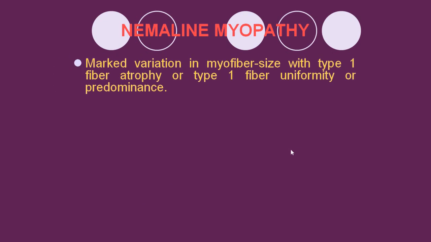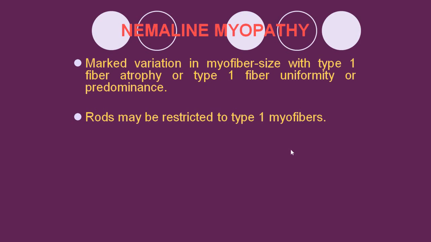Histologically, there is marked variation in myofiber size with type 1 fiber atrophy or type 1 fiber uniformity or predominance. These are general features of myopathic changes.